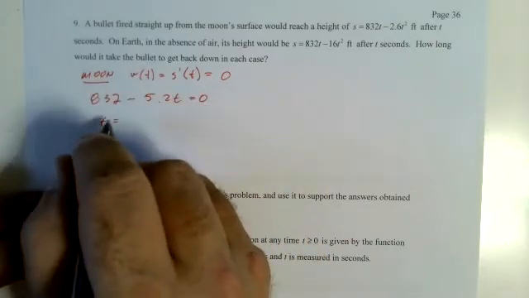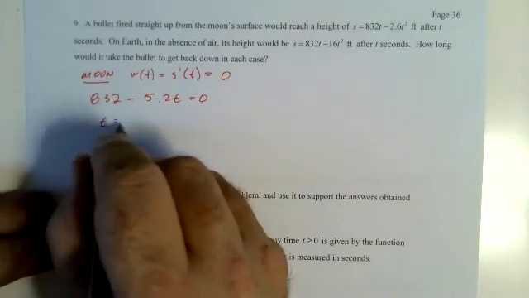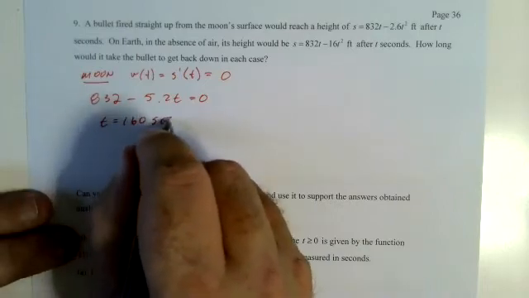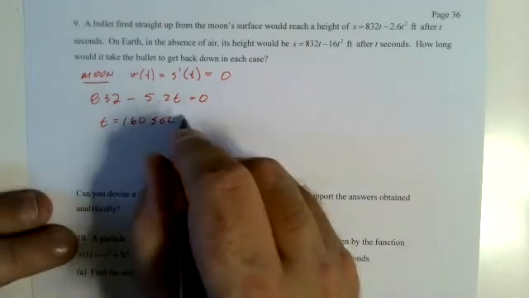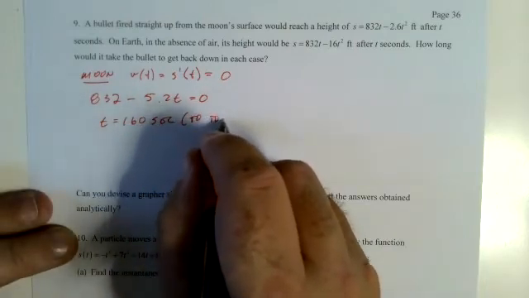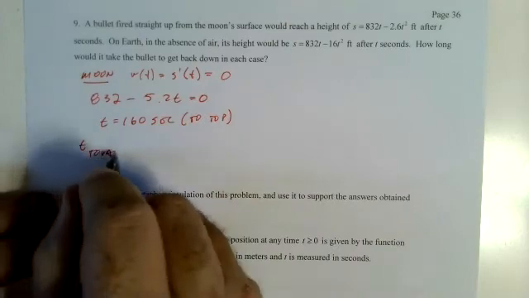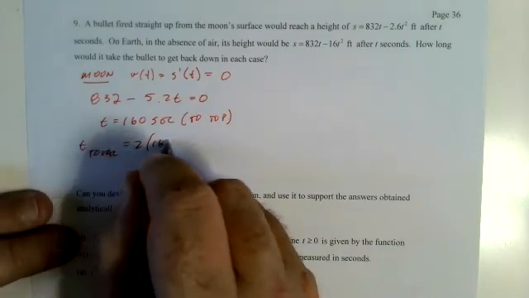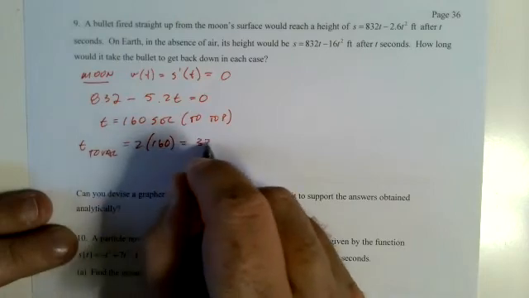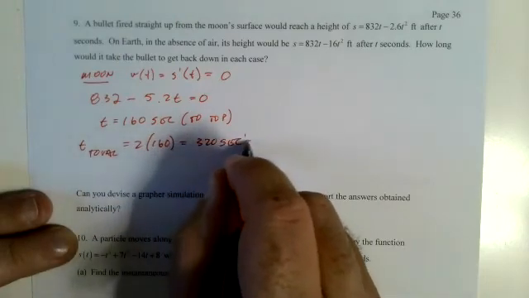T equals 160 seconds to the top. T total is 2 times 160, 320 seconds.